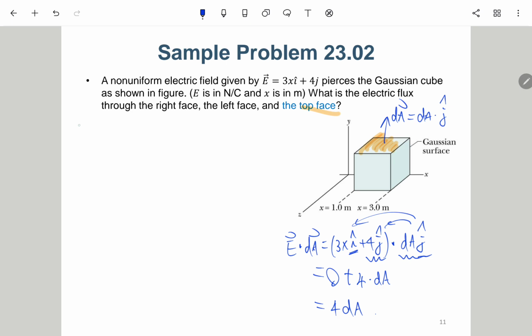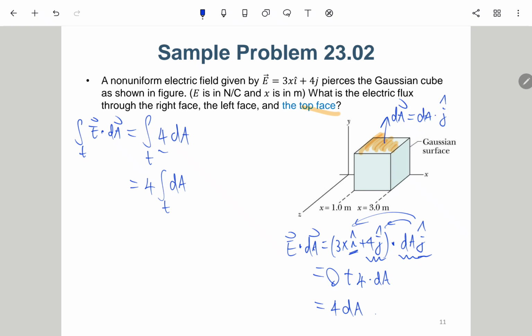Here we are calculating the integral of E dot dA for the top surface T. We have the integral of 4 dA over T, which is already a constant, so we put it outside: 4 times the integral of dA for the top surface.